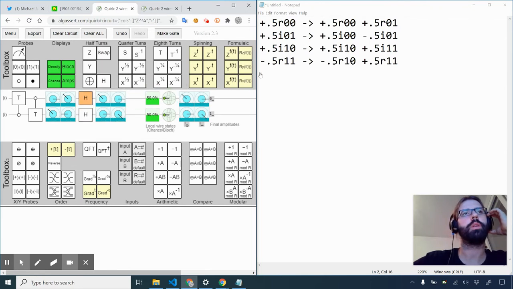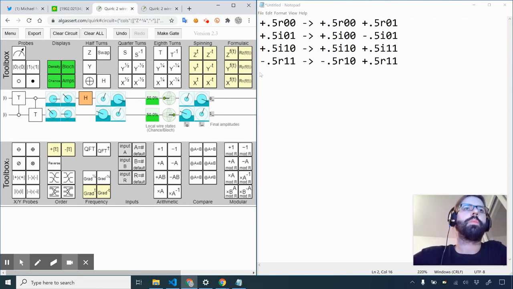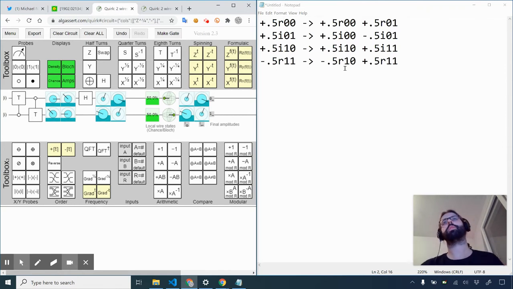That's interesting. So for partial Hadamard layers, the only way to get destructive interference is when at least one of the phases has both a real and an imaginary component.